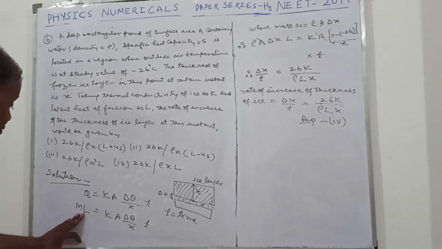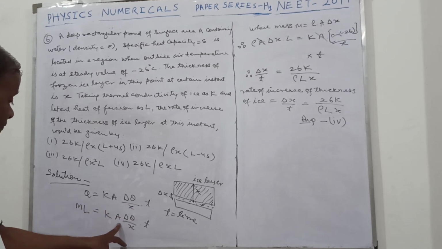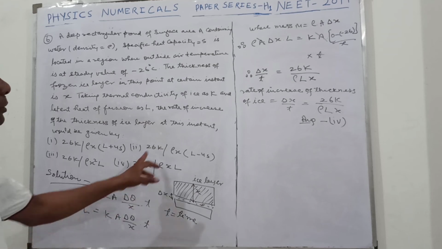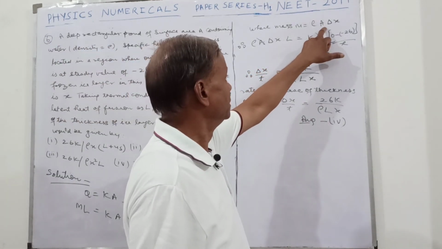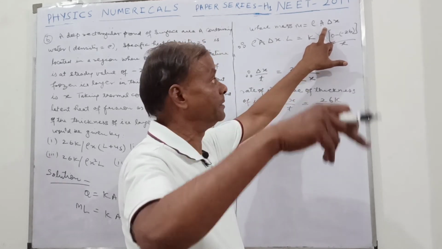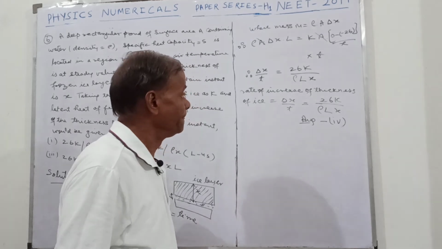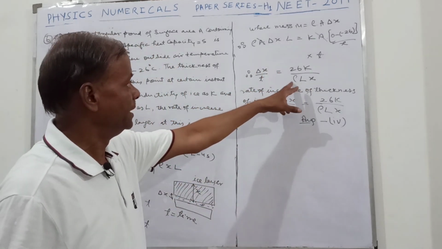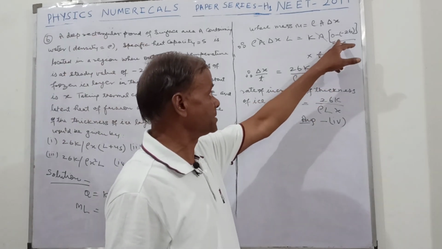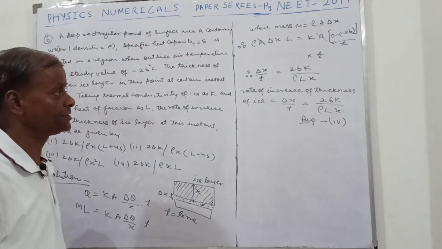In case of ice, we are given this L. Now you put these values. You find M like this: the density of the water, the area of the pond into the thickness of the ice. This will give you the mass, and then the temperature will be 0 minus 26K.